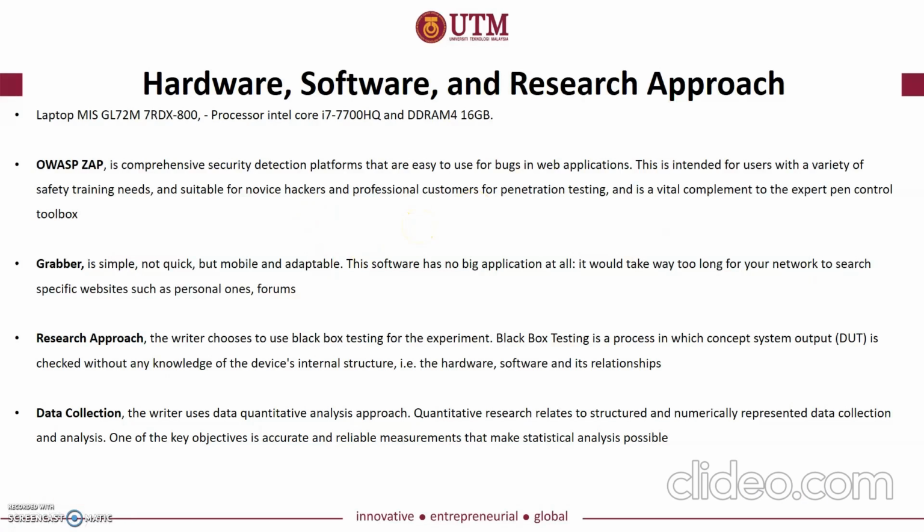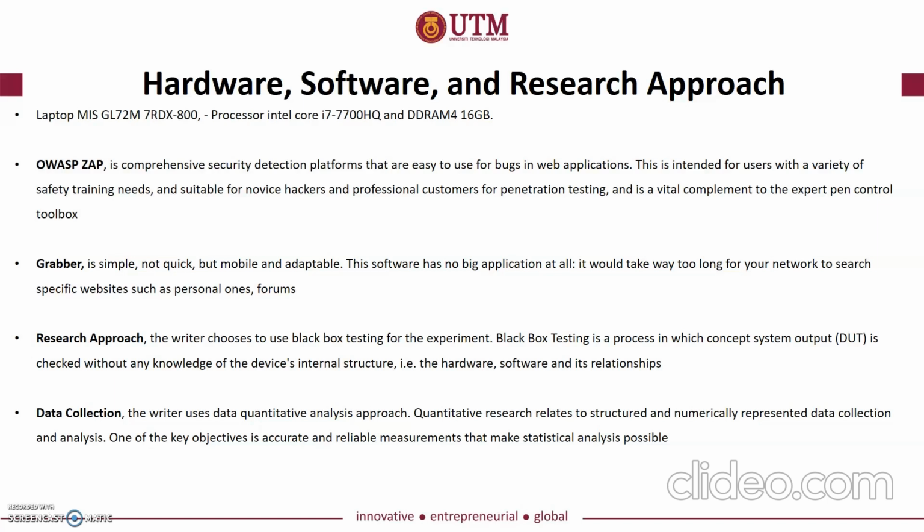For the hardware, the author uses an MSI GL72M 7RDX 800 with an Intel Core i7 7700HQ processor and 16 GB of DDR4. And then for the software, first, OWASP is a comprehensive security detection platform that is easy to use for finding bugs in web applications. It is standard for users with a variety of safety training needs and suitable for novice hackers and professional customer penetration testing.